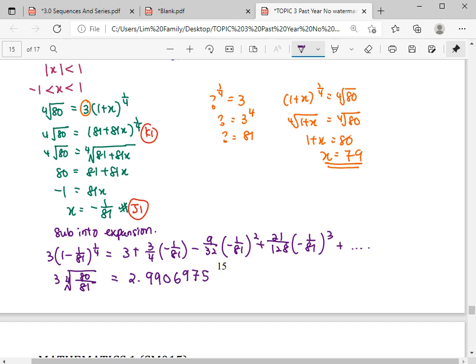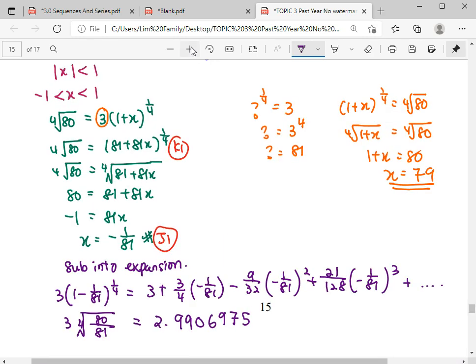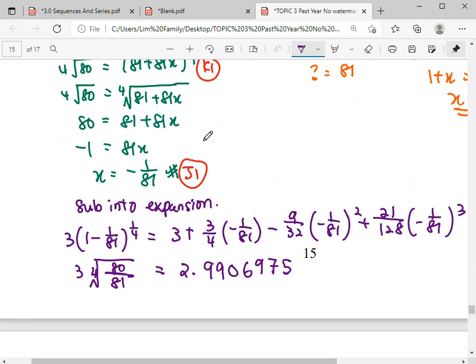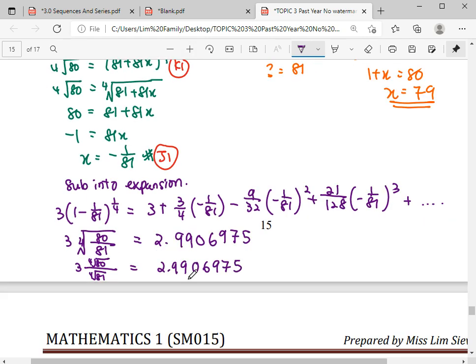So from here, I still need to do some working. For the left hand side, we always do it one by one. So we separate it, fourth root 80 over fourth root 81. I don't have enough space here, never mind, put it here.